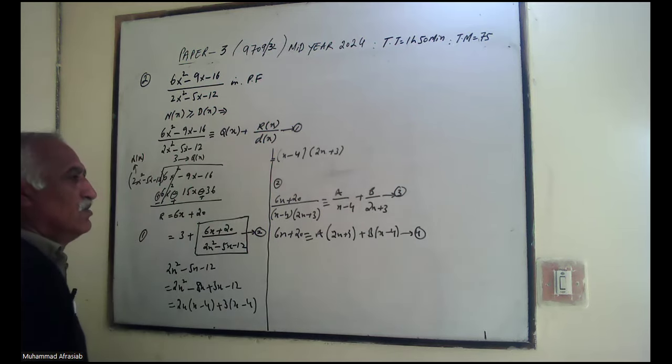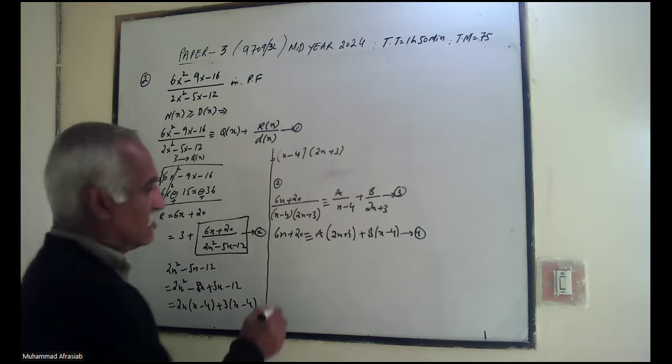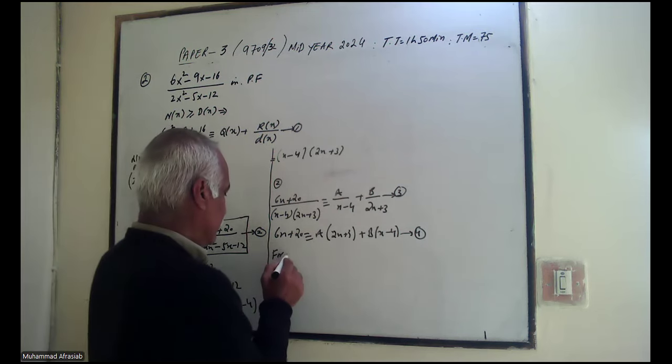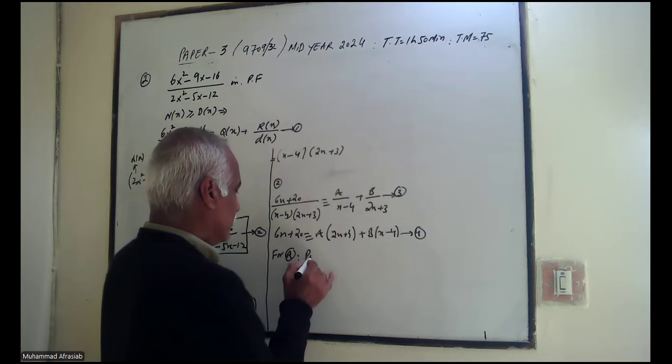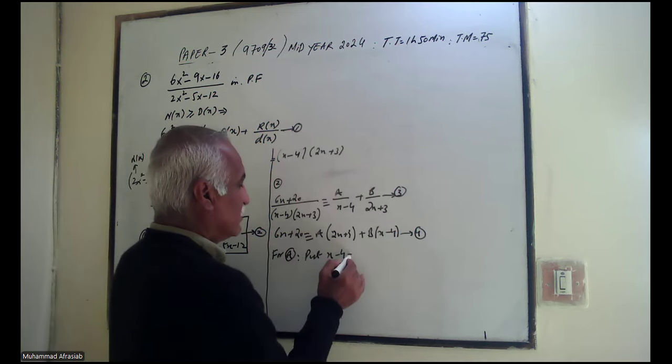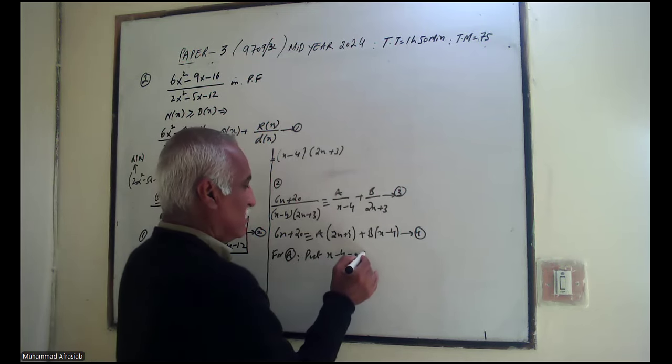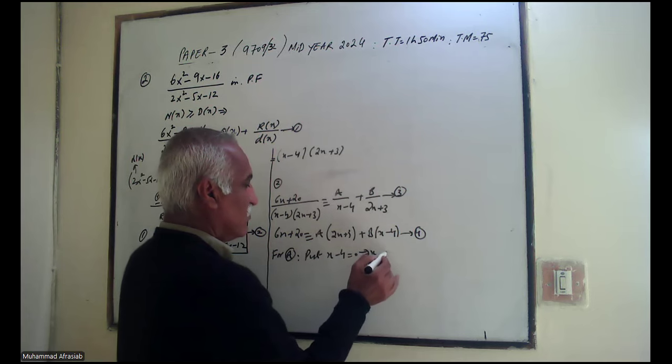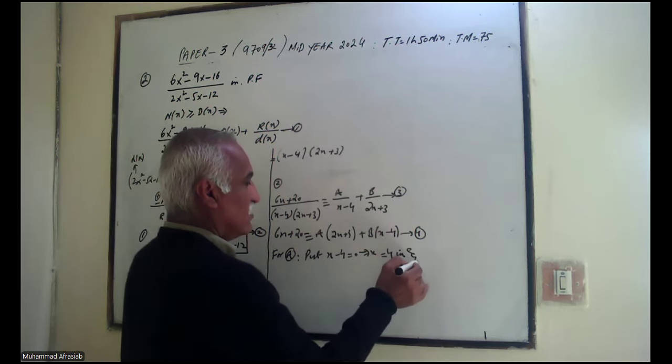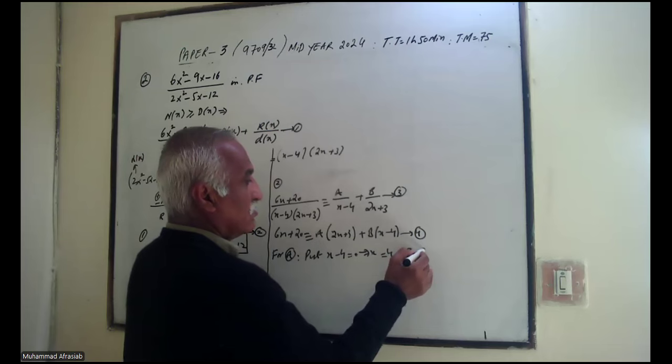We basically want to get the values of a and b. So for a, put x minus 4 equal to 0. This implies that x is equal to 4 in equation number 4.